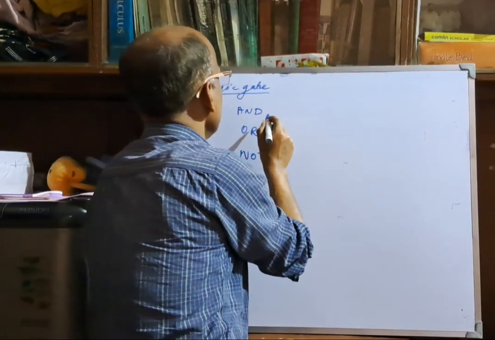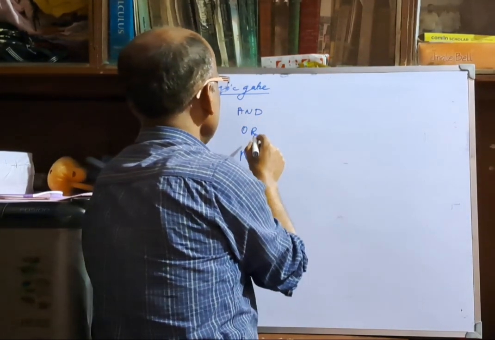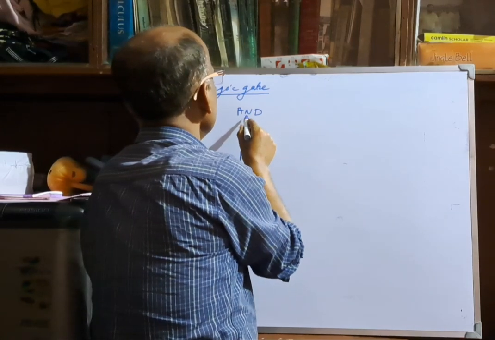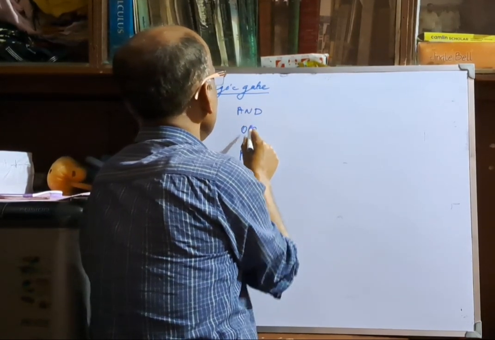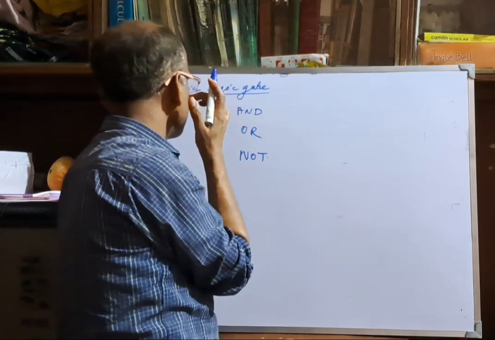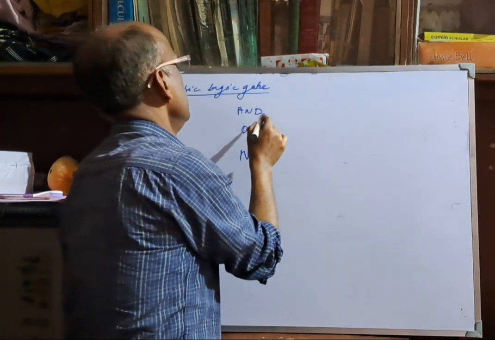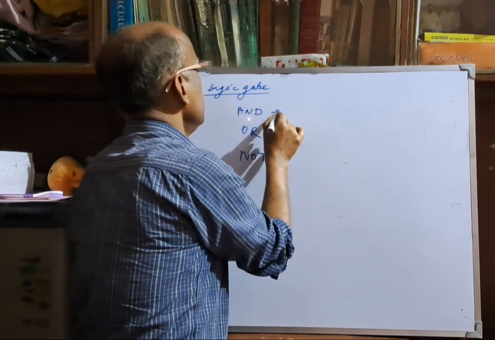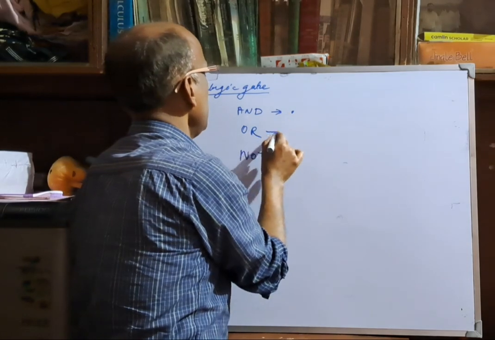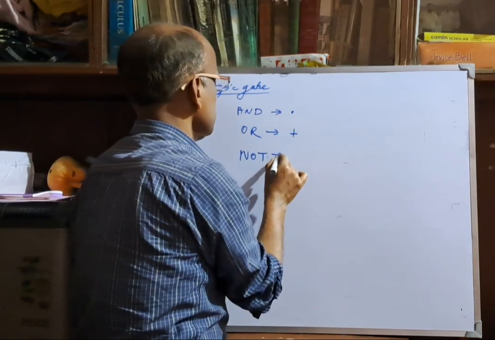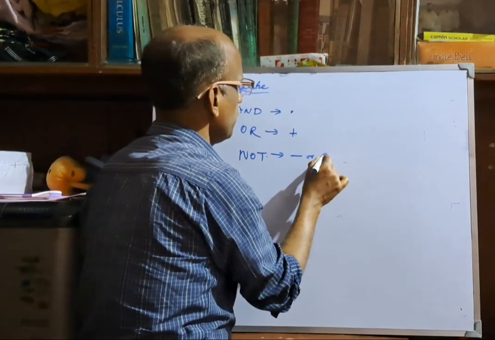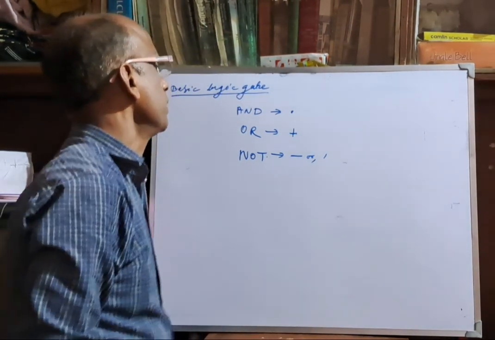You just see here, these three operators, AND, OR, NOT, are used to express the basic logic gates. They can be symbolically represented as dot for AND, plus for OR, and bar for NOT.